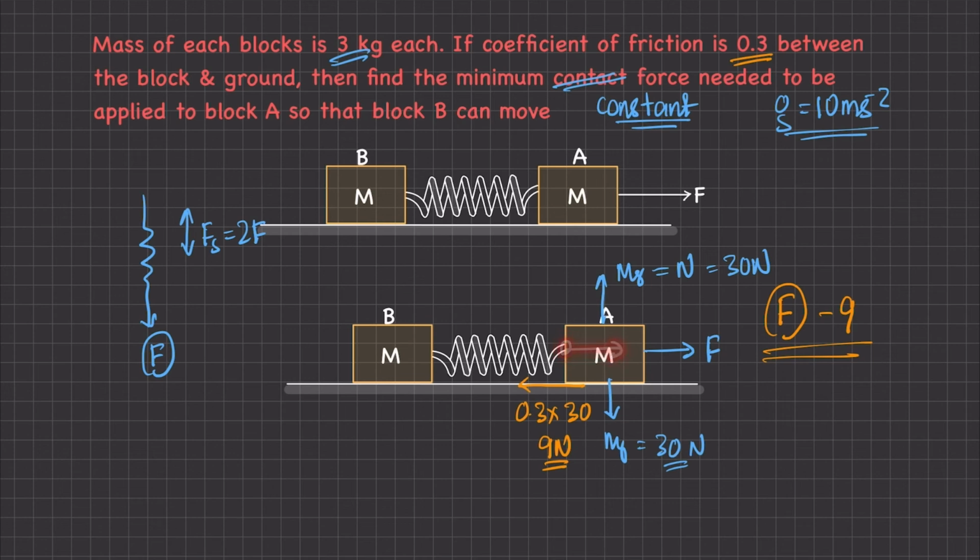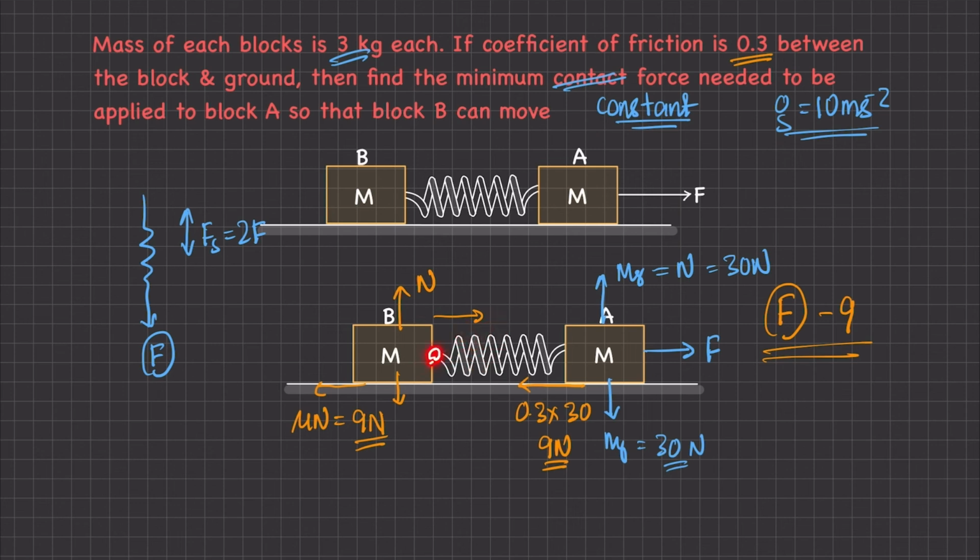Now let's see about this block. Here also, if this block will move, friction will be mu into N, and as both of them have the same mass, normal is the same, so mu N here is also 9 Newton. That means the spring force needed at this point must be equal to 9 Newton.